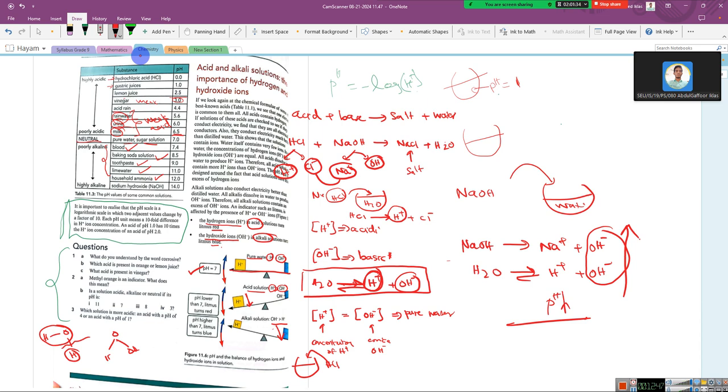It will decrease, right? We already studied, right? If the concentration of H plus increases, then the pH will reduce. We have already studied, right?